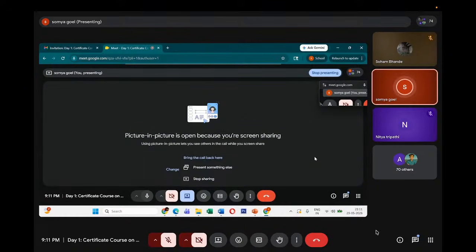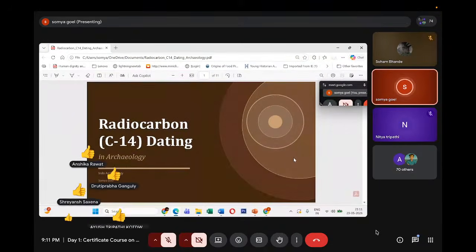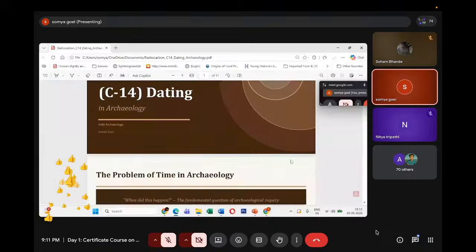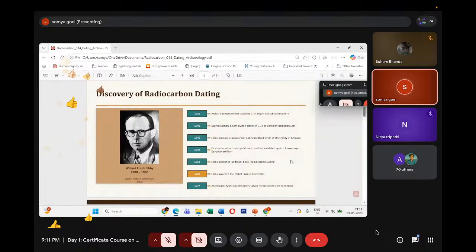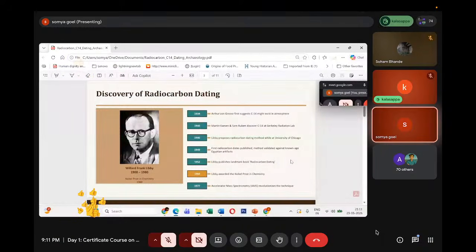My screen is still visible, right? Yes. Okay. So now we'll come to radiocarbon dating. So if we talk about it, it is visible, right?